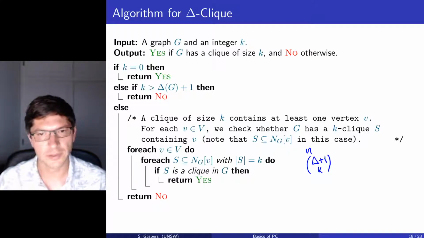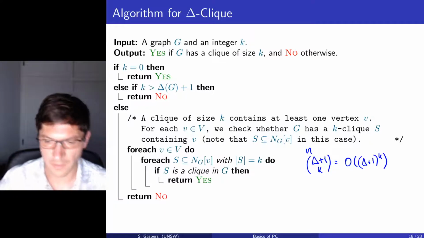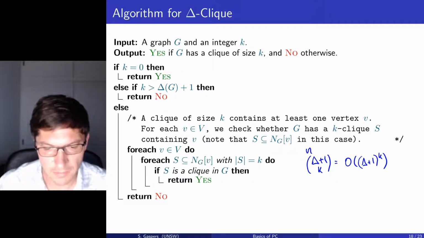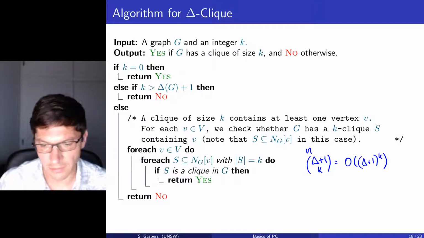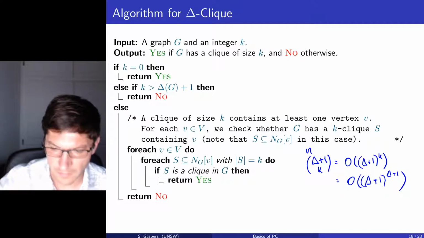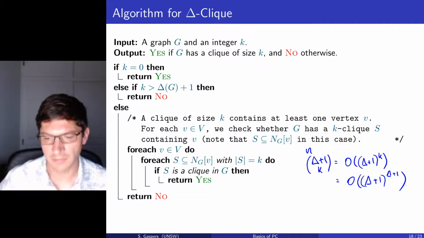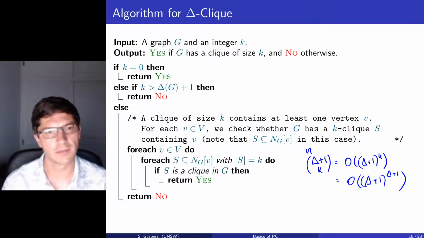So the number of such choices is delta plus 1 choose k. So this is order delta plus 1 to the power k. We know that k is at most delta of G plus 1. So this is order delta plus 1 to the power delta plus 1. So our running time so far is n times delta plus 1 to the power delta plus 1.